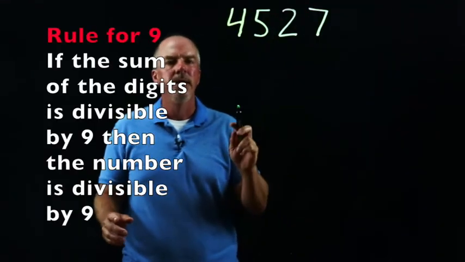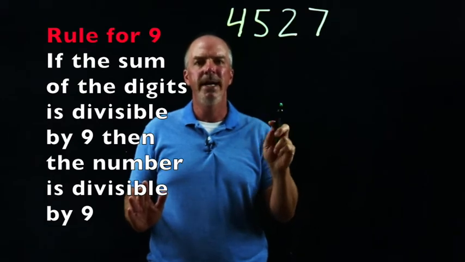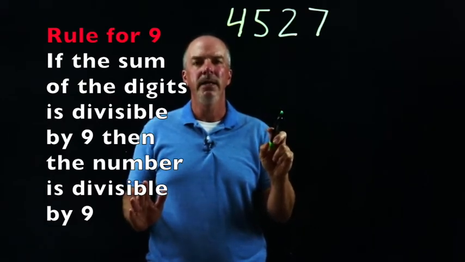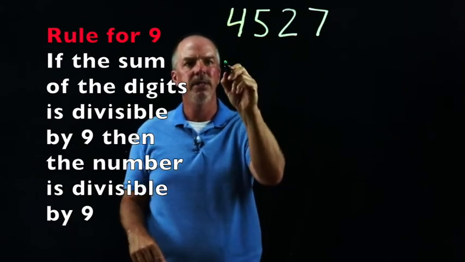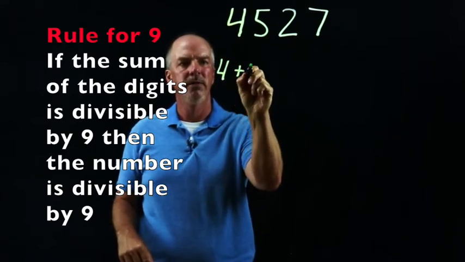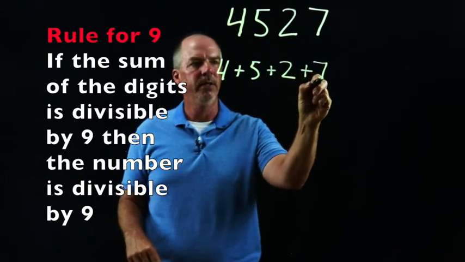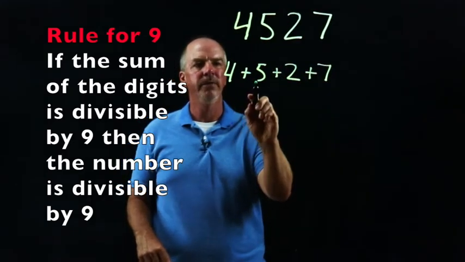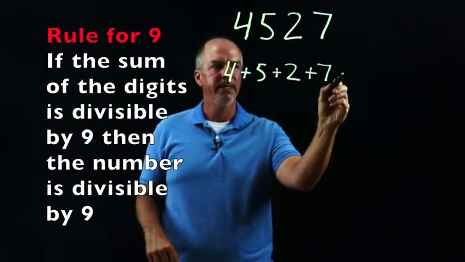All right, let's look at the next one. Okay, the rule for 9 is if the sum of the digits is divisible by 9, then 9 will go into that number evenly. So let's add the numbers up. We have 4 plus 5 plus 2 plus 7. If we add across, 4 plus 5 is 9, plus 2 is 11, plus 7 is 18.